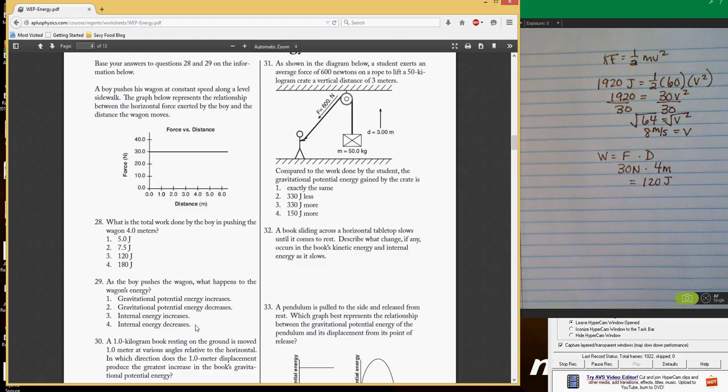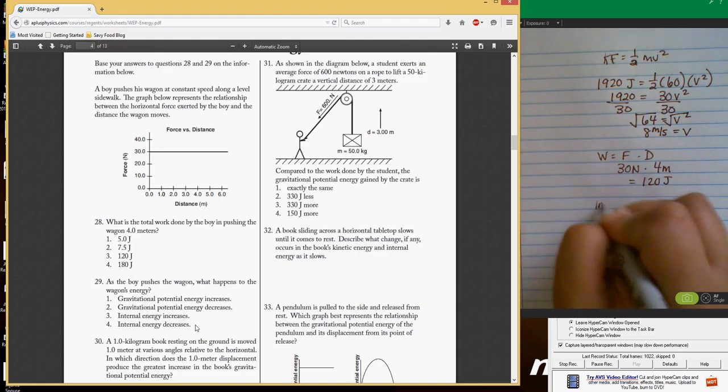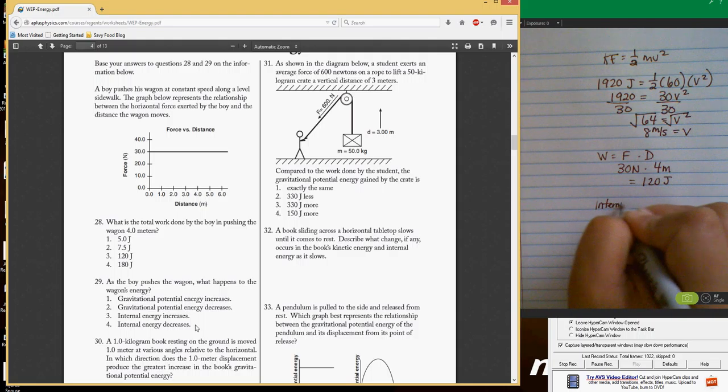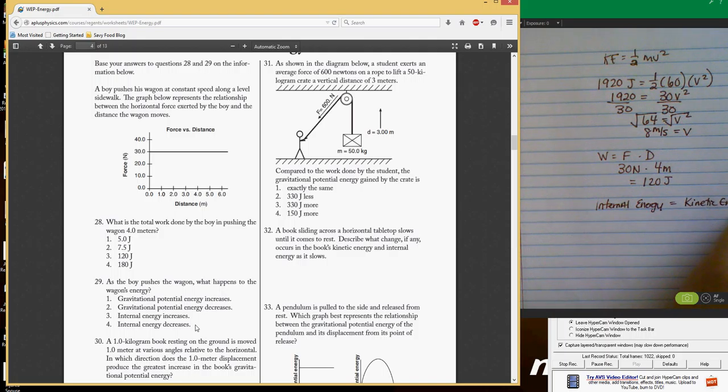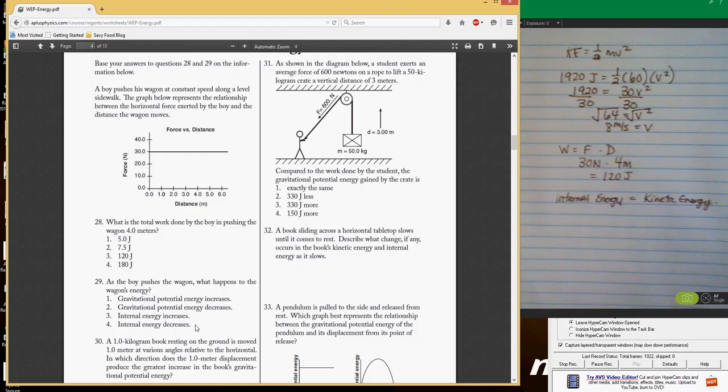Now, if you were slowing down, the internal energy would decrease. So internal energy is just another word for kinetic energy. So just make sure you keep that in mind.